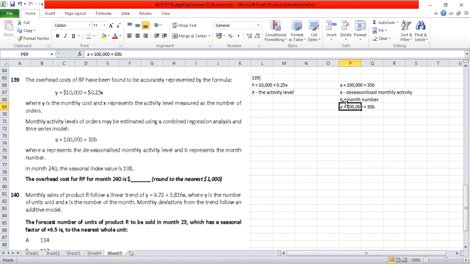So the deseasonalized value of A will be 30 into 240. Once it is seasonalized, it becomes X. As of now, this is only the deseasonalized value, without including the seasonal index number.